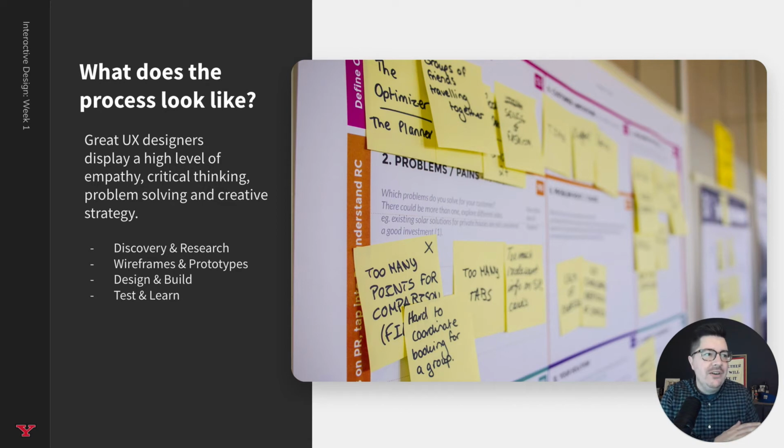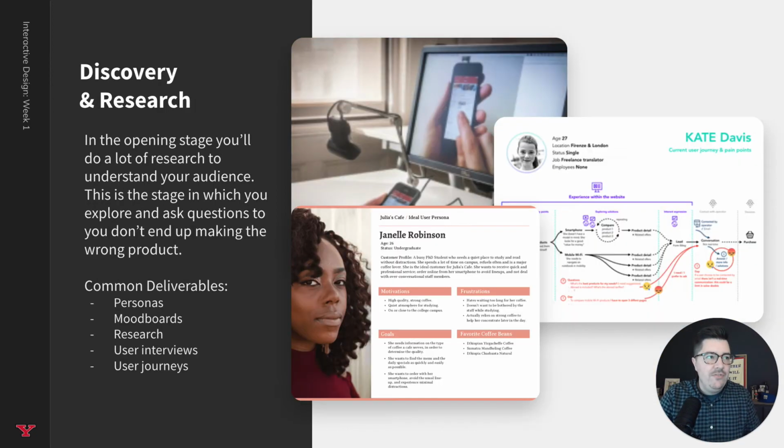Great UX designers display a high level of empathy, critical thinking, problem solving, and creative strategy. And we typically use these four verticals to get us from the concept to delivering that end experience and then iterating on it. Those four verticals tend to fall into discovery and research, wireframing, designing, and then testing and learning. We're going to dive into each of those verticals here in the next few minutes.